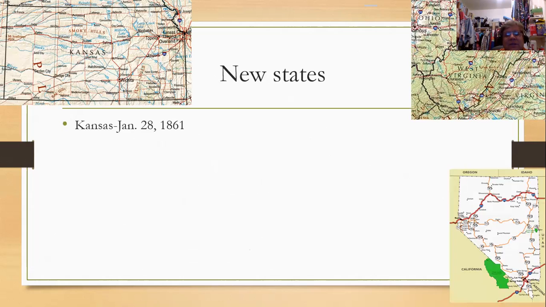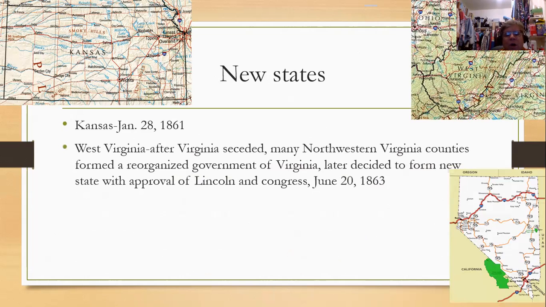There were new states instituted during the Civil War. Kansas, remember in the 1850s, there had been an issue whether Kansas would be a free or a slave state. It came into the Union in 1861 as a free state. Also, when Virginia seceded from the Union, there were many in northwestern Virginia who traditionally had a lot of problems with the capital in Richmond.